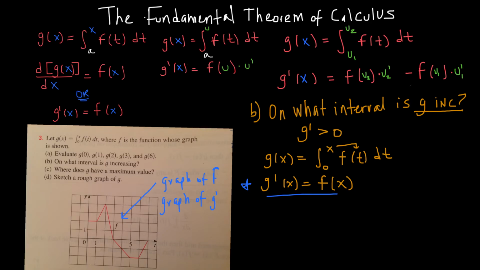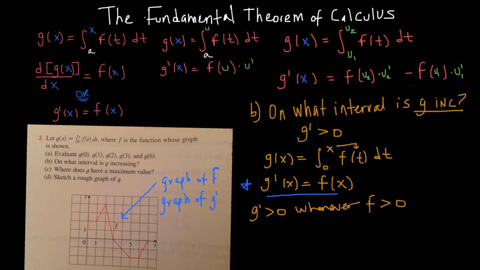So then, if you want g to be increasing, g prime has to be positive. So now what we really want to know is where f is positive. So g prime is greater than 0 whenever f is greater than 0.